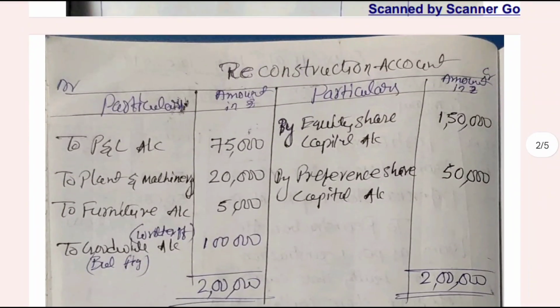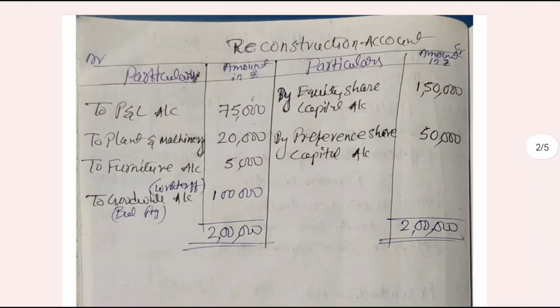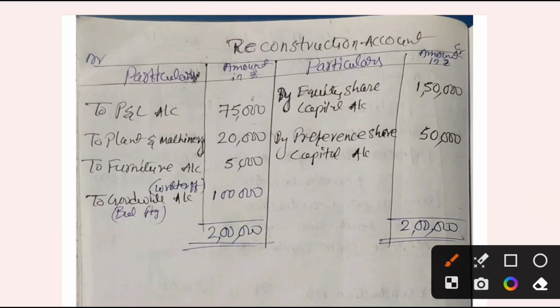So let us write those things in the reconstruction account debit side. To P&L account 75,000, to plant and machinery 20,000, to furniture 5,000, and to goodwill balancing figure 1 lakh. So that both the sides will tally with the 2 lakh.